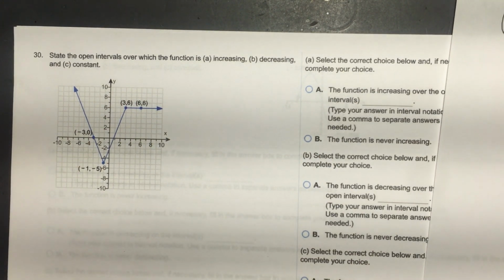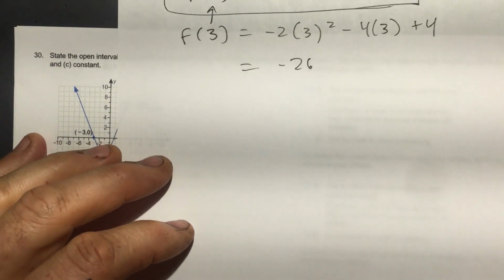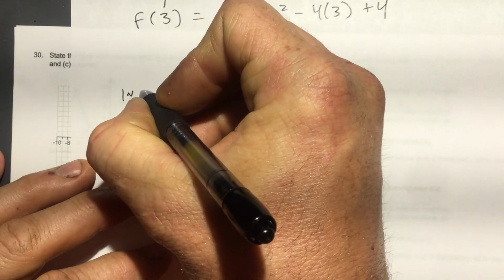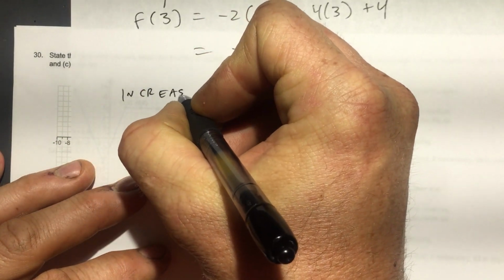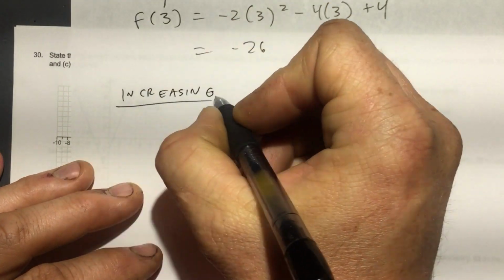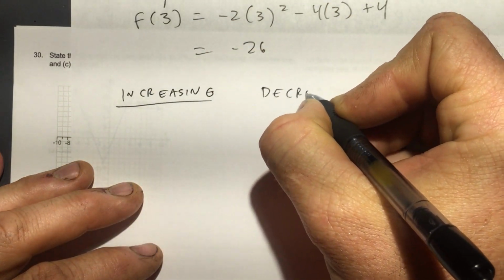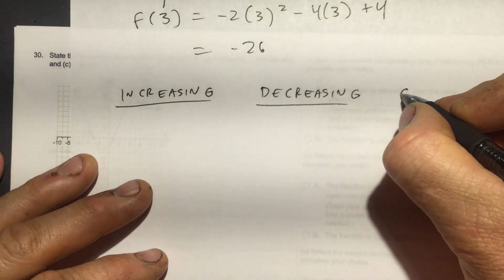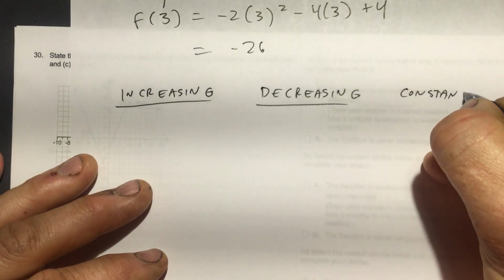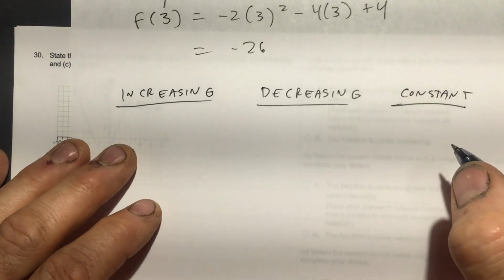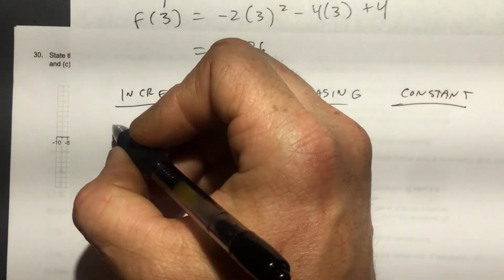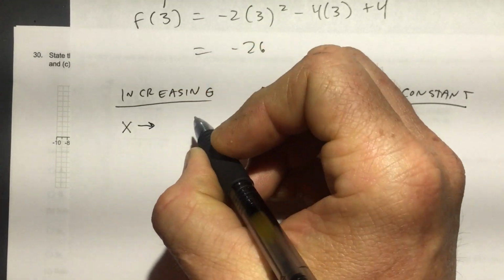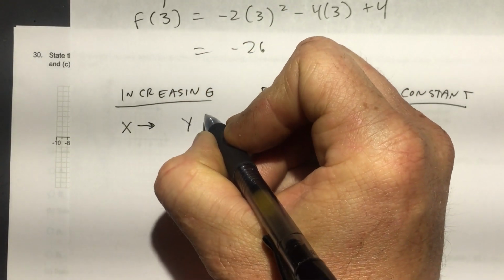Let me write this down here: increasing, decreasing, and then constant. Increasing: as x increases, y increases.